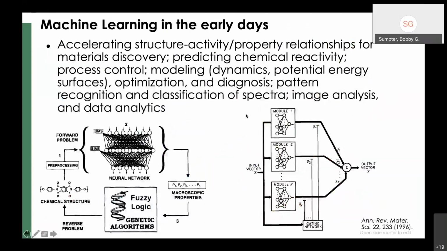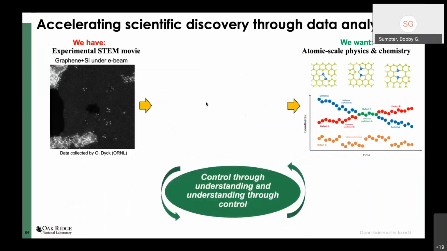As I mentioned, it's not new. It's not that long ago, in the late 80s or 90s, that the idea of neural networks became popular again, and it was clear that these techniques allowed one to make a lot of connections between structure and properties, and even some design of experiments and some design of materials. So what we have is an experimental result that we know we can understand.